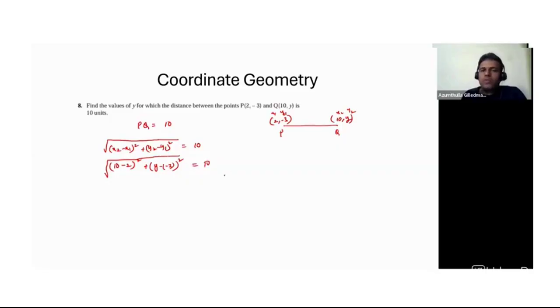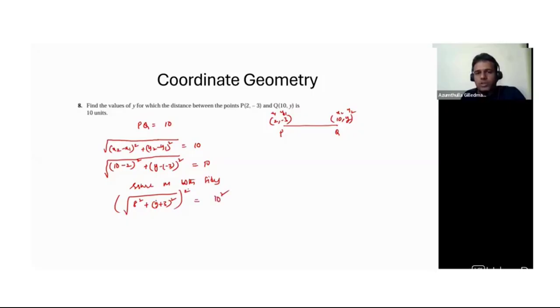Now square on both sides. That means squaring on both sides will lead to, so this will become 10 minus 2 is 8 square plus y plus 3 whole square, under the square root. So I am doing squaring on both sides.